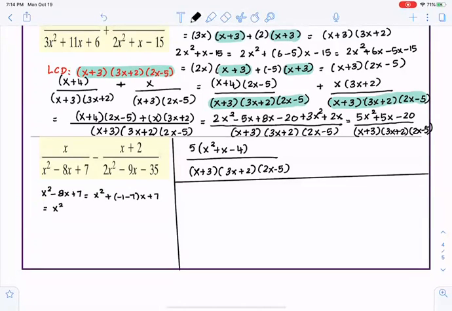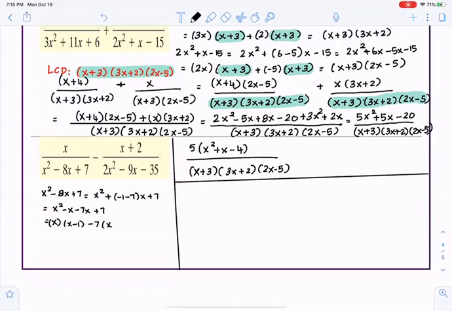So we have x squared minus x minus 7x plus 7. In the first two terms, we have x in common. So if I pull x out, I have x minus 1. In the last two terms, we have negative 7 in common.